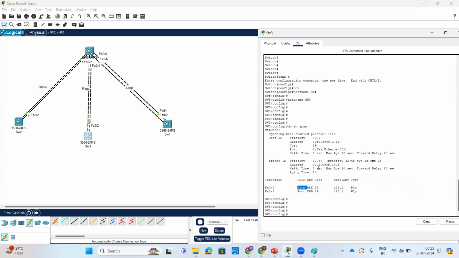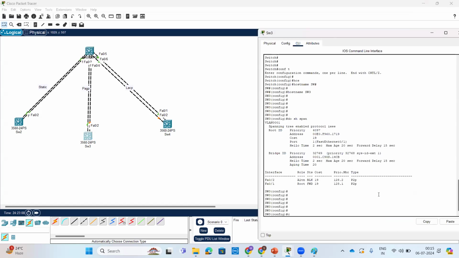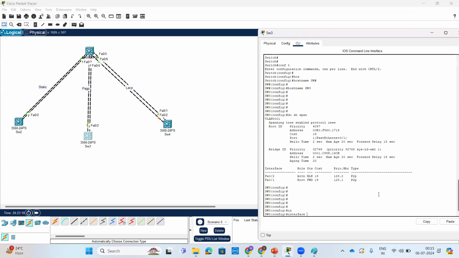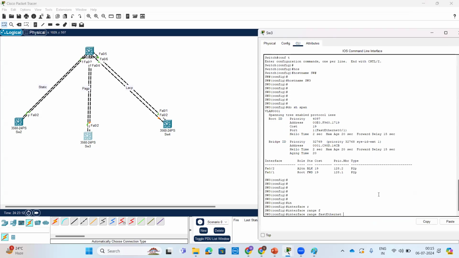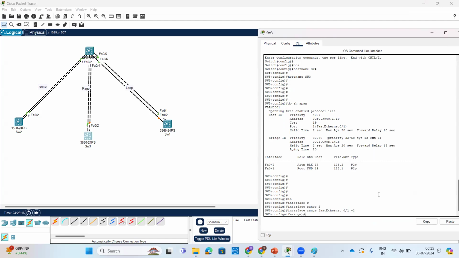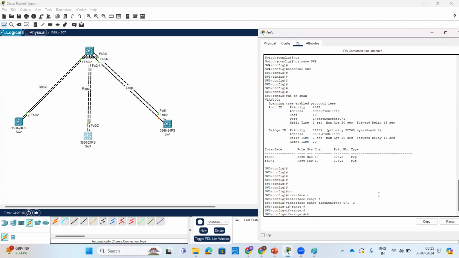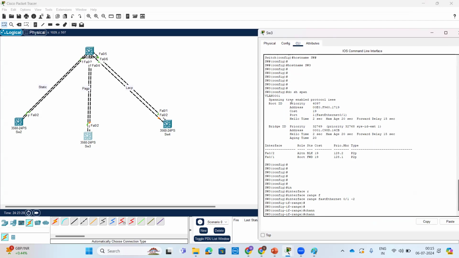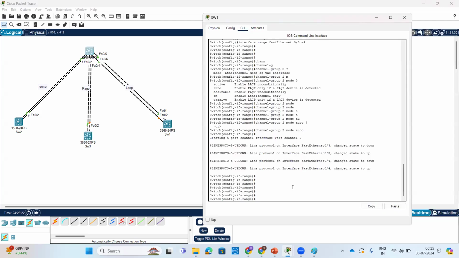Now move to this side. Interface range FastEthernet 0/1 to 2. Yes, PAgP auto mode, right?